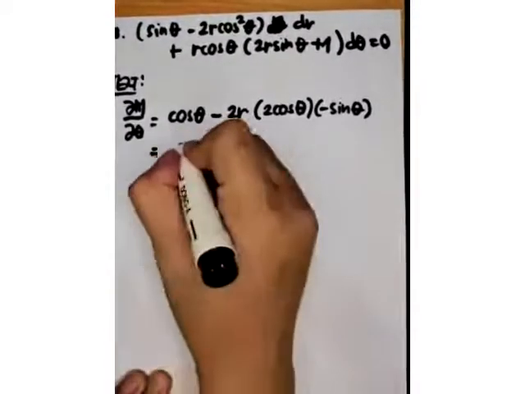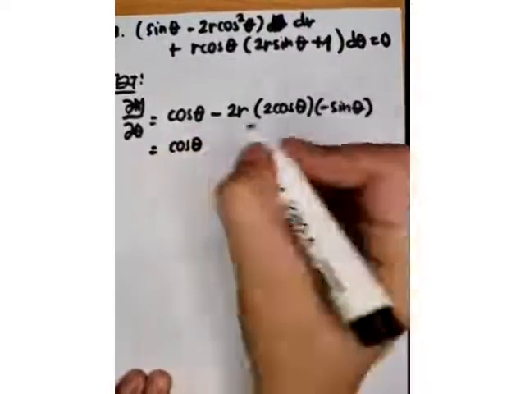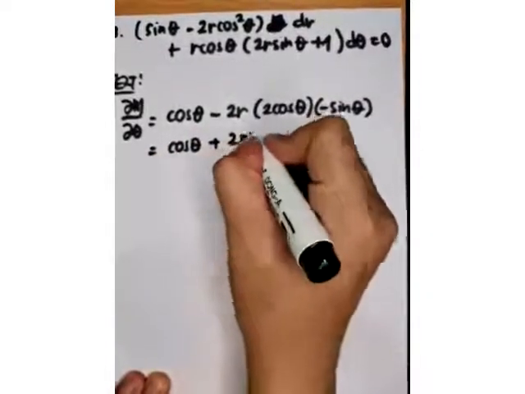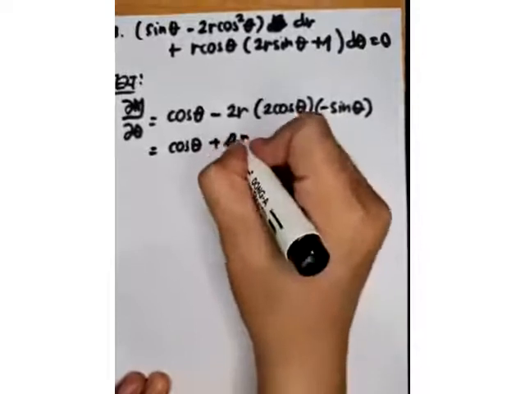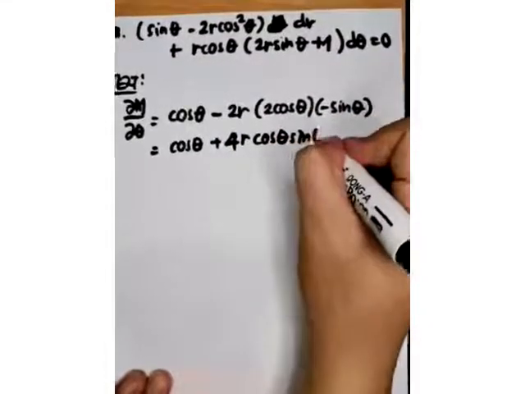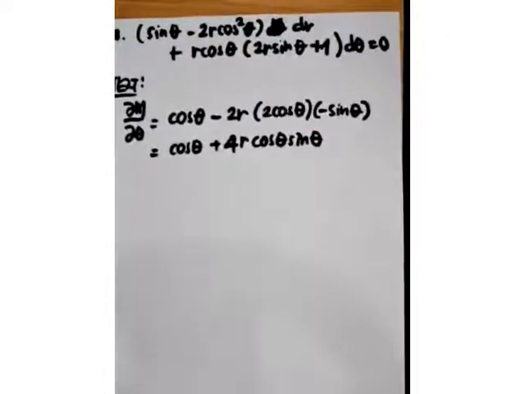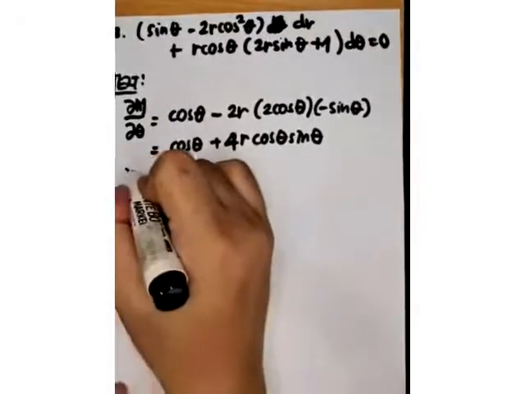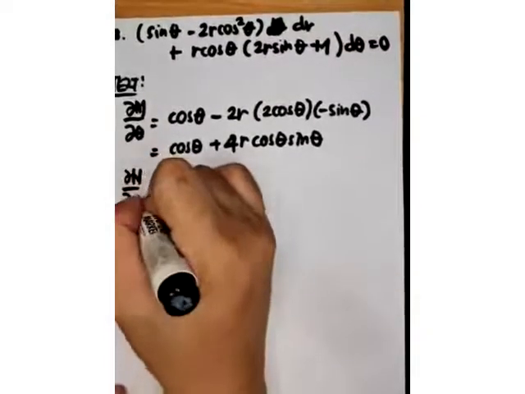So, the answer will be cosine theta plus 2r, hindi pala 2, 4r, cosine theta, sine theta. Okay? Okay, next. Let's proceed to the partial derivative of n with respect to r.